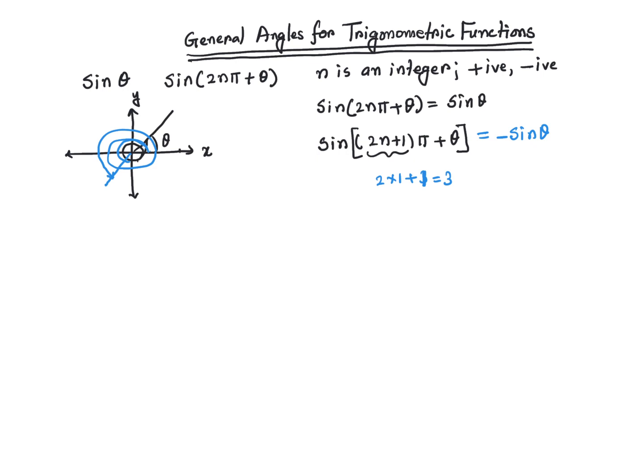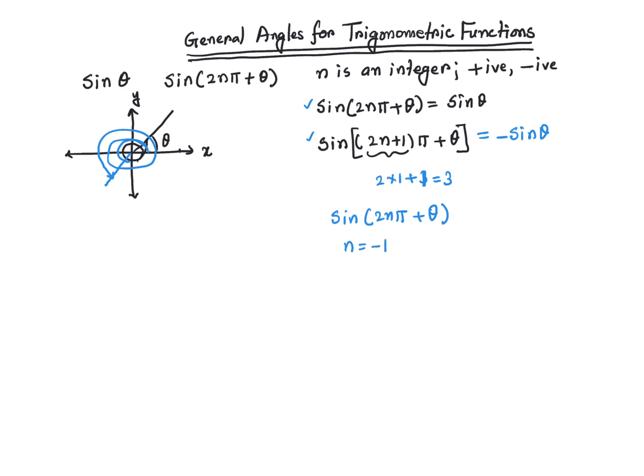What if now we consider negative integers for this one and this one? So let's say for sine of 2n pi plus theta, in my case here n is equal to negative 1.